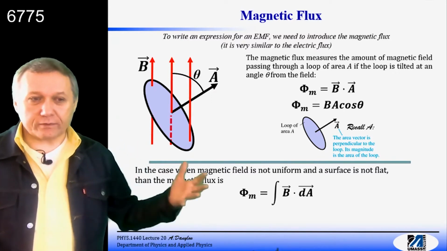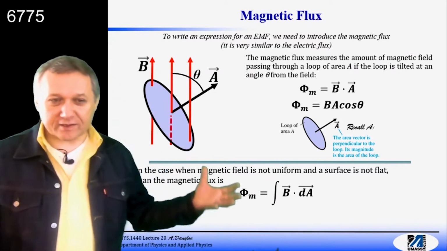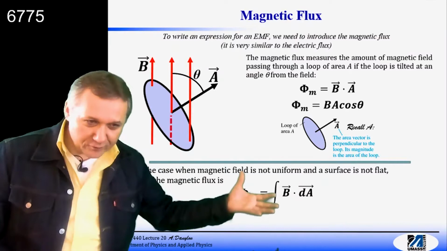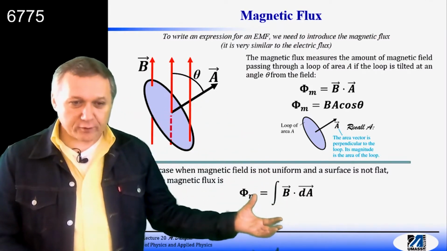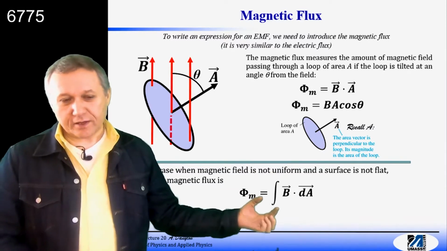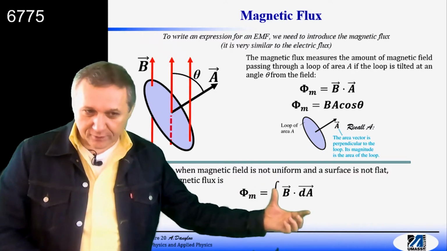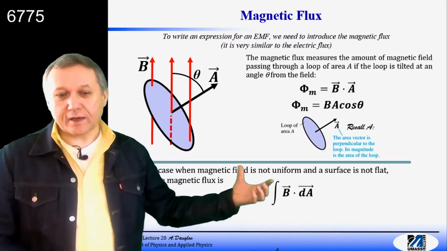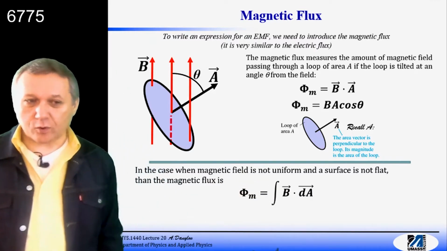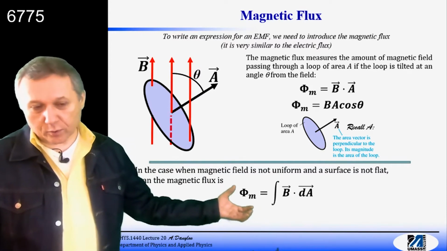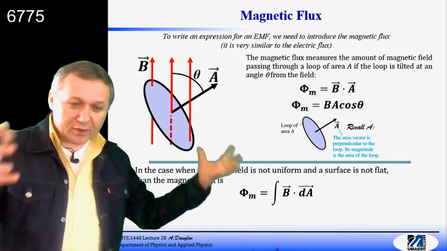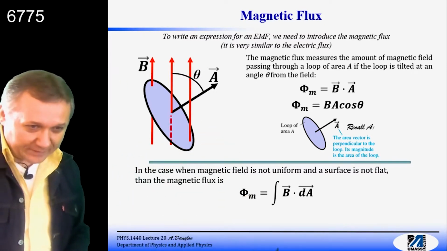If you have a more complicated situation, where the magnetic field is not uniform or the surface is not flat, you have to integrate: take a small patch, calculate the flux through it, and then integrate over the whole surface to find the total magnetic flux.